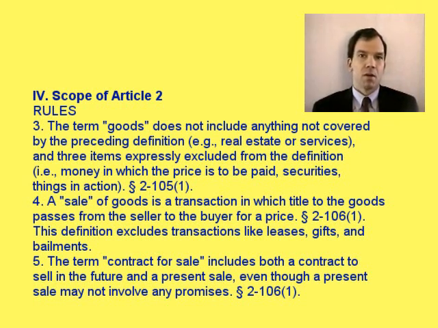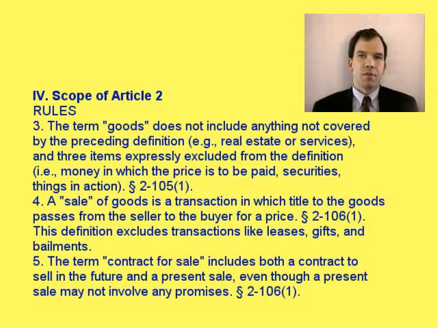Those things might be capable of being sold, but they're not governed by Article 2. A sale of goods is a transaction in which title to the goods passes from the seller to a buyer for a price. This definition excludes leases and bailments, because title doesn't pass, and gifts, because there is no price.